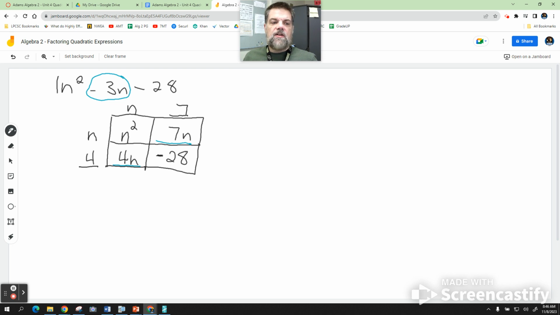And then I think, which one of those needs to be negative to get this term here? The 7. So this needs to be a negative 7, and that works. So the factored form should be the quantity n minus 7 times the quantity n plus 4, because that's a positive 4, right? Now, how do you think we're going to double check this?